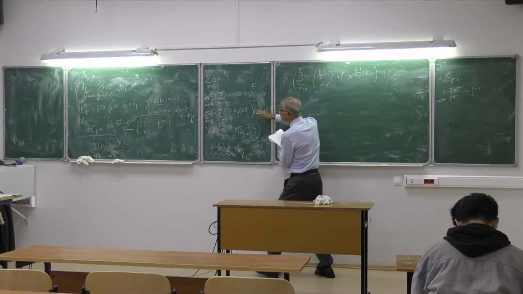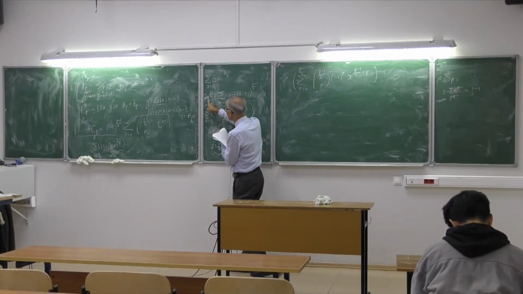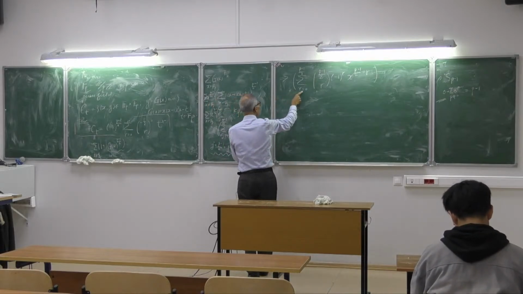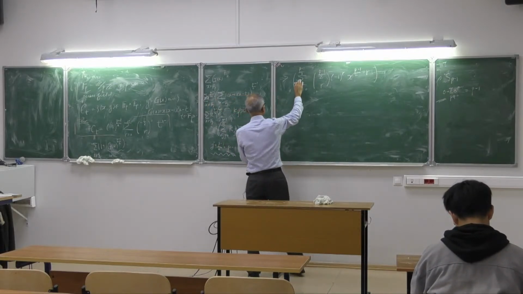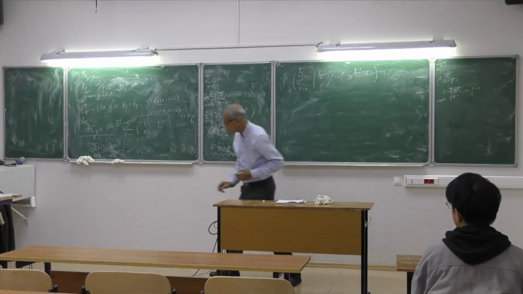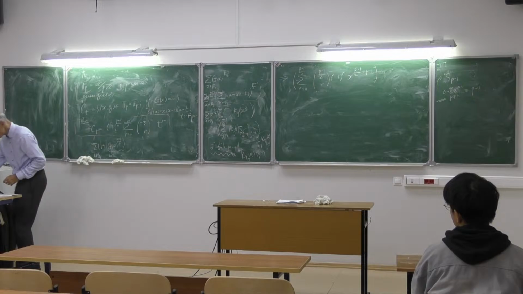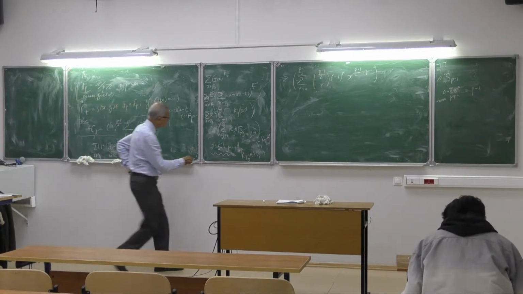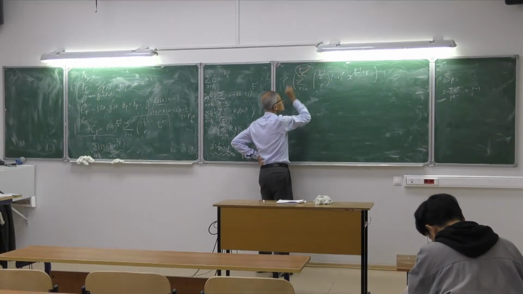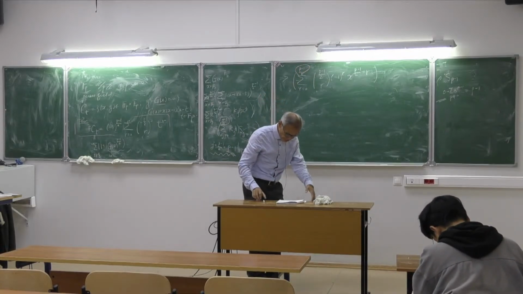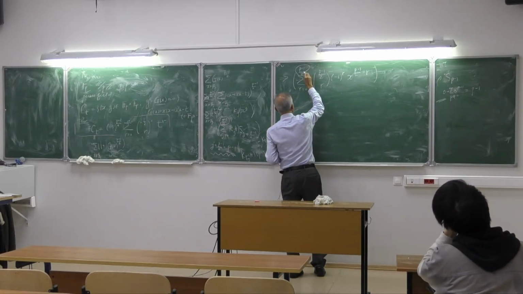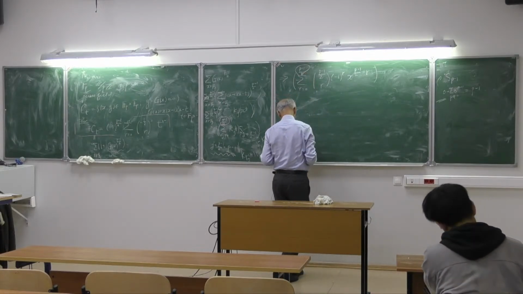In fact, because I have this factor x to the power p minus 1 over 2, it's enough to consider till p minus 1 over 2. The summation ends at the step p minus 1 over 2.